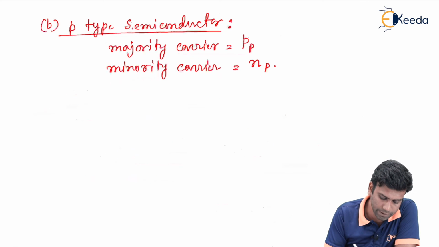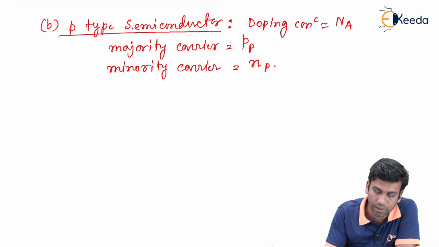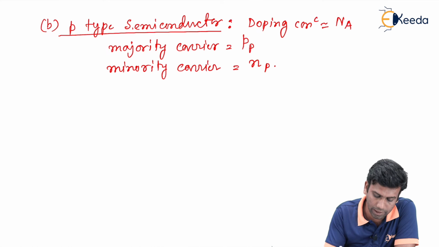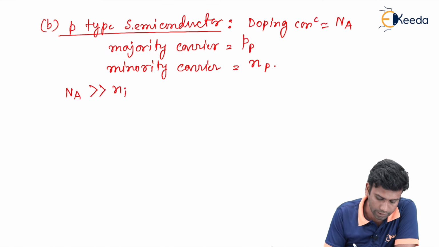So, for the P-type semiconductor, the doping concentration will be equal to the acceptor ion concentration, that is Na, and this Na is very much greater than Ni.